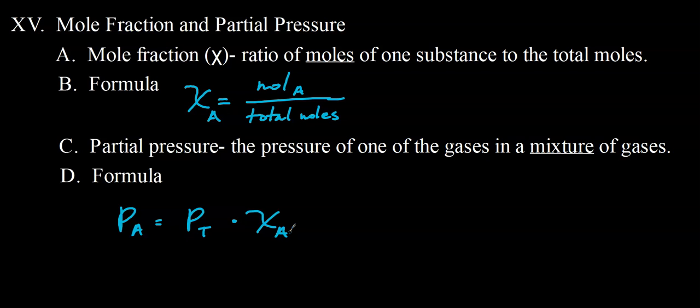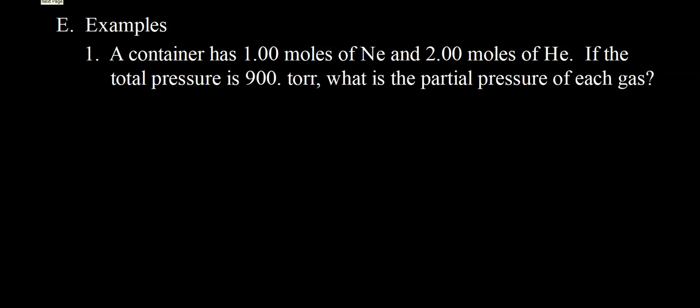All right, let's take a look at a couple examples. A container has 1.00 moles of neon and 2.00 moles of helium. If the total pressure is 900 torr, what is the partial pressure of each gas? So let's first find our mole fractions. So mole fraction of neon, we take 1 mole over the total moles, so the sum would be 3 moles.